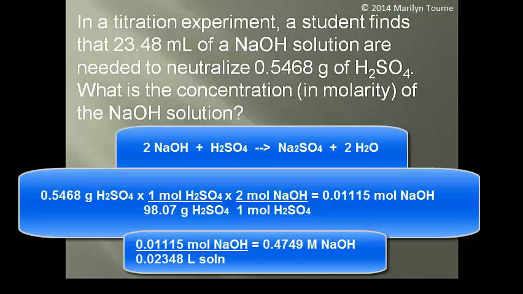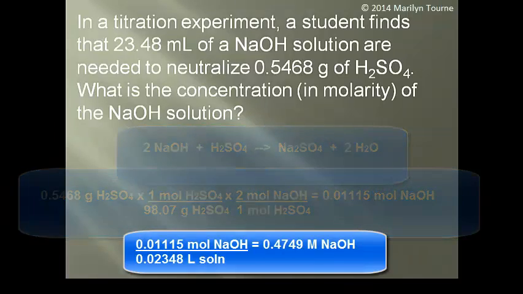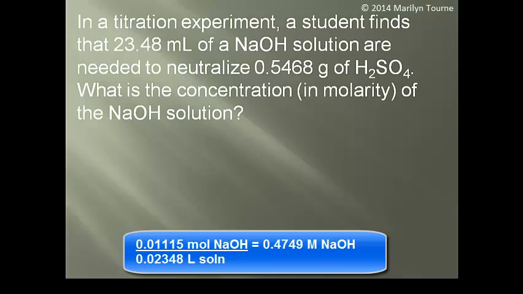So then you would divide the moles by 0.02348 liters of solution, and that gives you 0.47492, and so on. But since I have 4 sig figs, I'm going to keep it at 0.4749 molar.